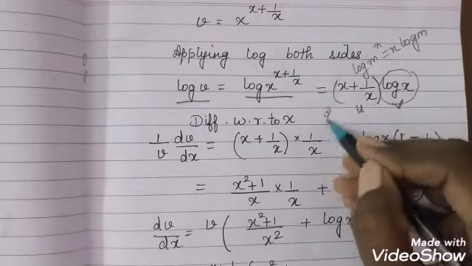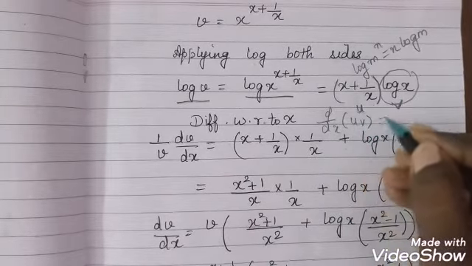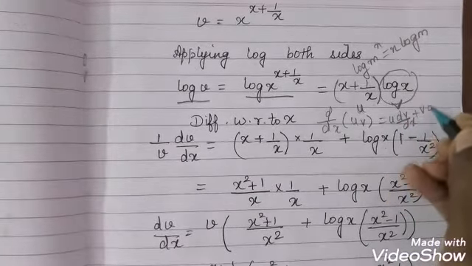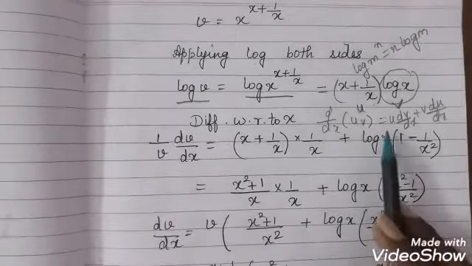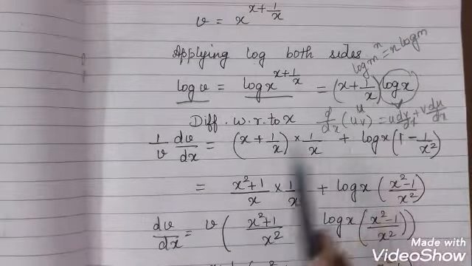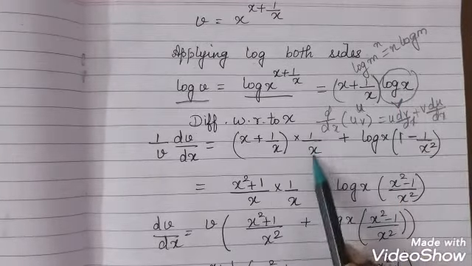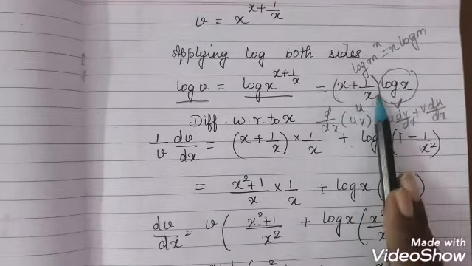Again, what's the formula here? If you want, I'll just write it here. Here again it is d(uv) = u into dv/dx plus v into du/dx. This is the formula you have here. Got it? So here it is (x + 1/x) into differentiation of log x. What is that? It's nothing but 1/x plus log x into differentiation of (x + 1/x).